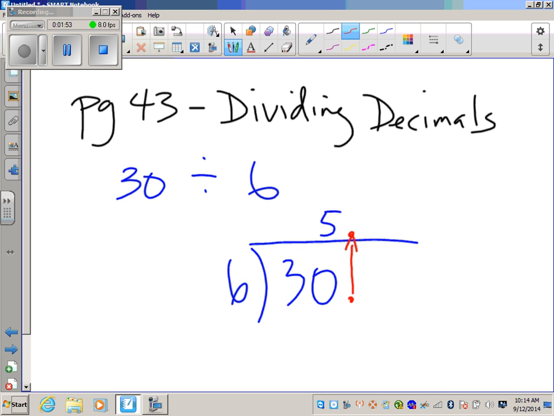Right, as long as this number on the outside is a whole number, whatever's on the inside, I just carry straight up, okay? That being said, 6 goes into 30, 5 equal times, and we're all set.